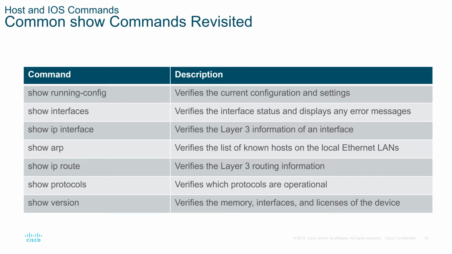These are all tools in your toolbox as a network technician. You may not use all the tools on the same job, but the tools are still available to you. And we use these commands to diagnose what is going on within our network.